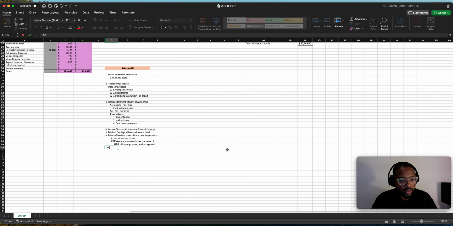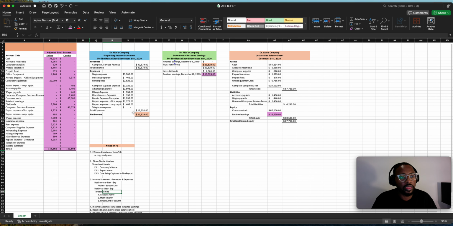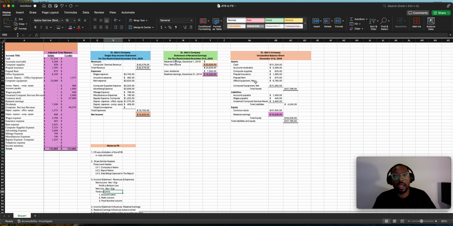You want to net the original amount against the depreciation amount. That's what we mean by net. And that makes sense, right? Because what we're trying to capture here is the value of the asset, the property, plant, or equipment at December 31st.